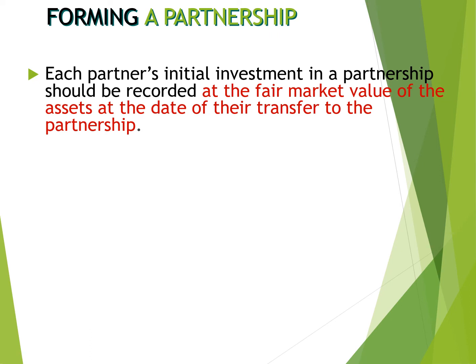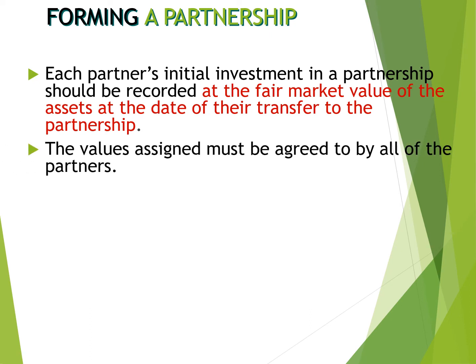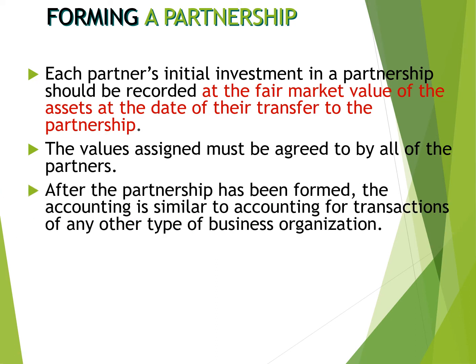If he has some assets which are useful for the business, he may contribute them. The assets contributed by the partner should be valued at market price at the date of transfer. The value assigned must be agreed by all of the partners.